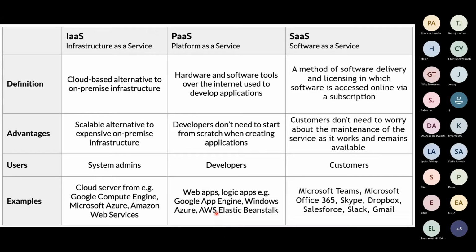The third and final one is software as a service, right? The underlined word here is software. Now, in this model, the cloud provider will host applications and make them available to the general public over the internet. It is run and managed entirely by the service provider.